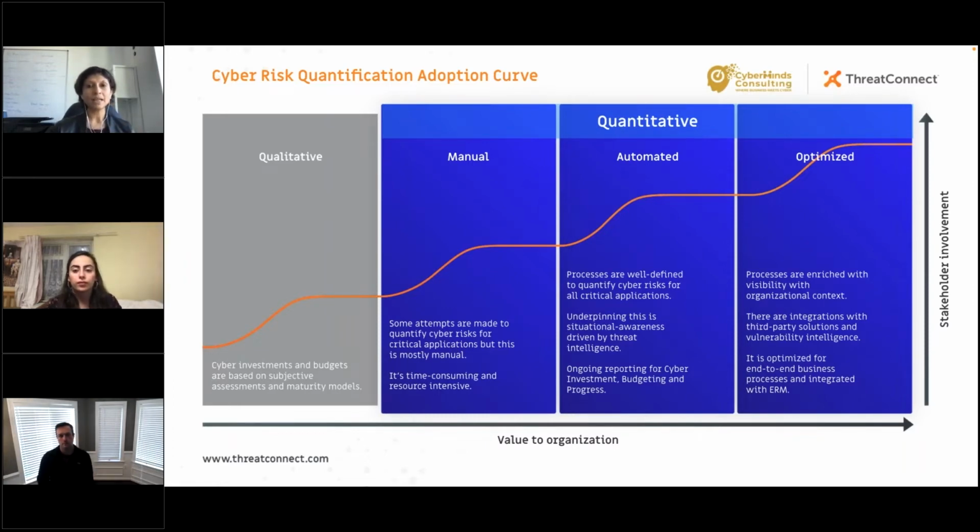So that's one element. What I'm actually seeing is organizations have realized that the outputs of the qualitative assessments may not be enough from a prioritization point of view. So one common use case, which addresses the point you raised around the blending and an augmented model between qualitative and quantitative, is where you take the outcome of the qualitative assessment and feed it into some kind of quantitative evaluation.